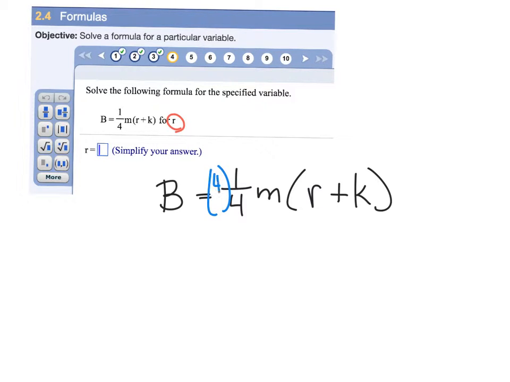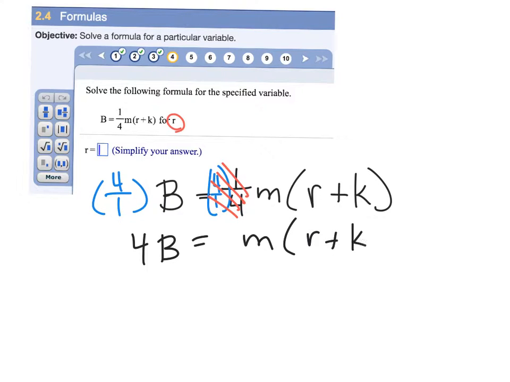I'm going to do that in 2 steps. First, I'm going to multiply by 4 over 1. And so that gives me 4B is equal to, and then that becomes a 1, so it kind of goes away, m times (R plus K). But we still have this, think of this as a quantity, a number times a number.